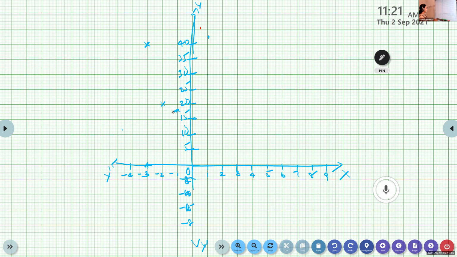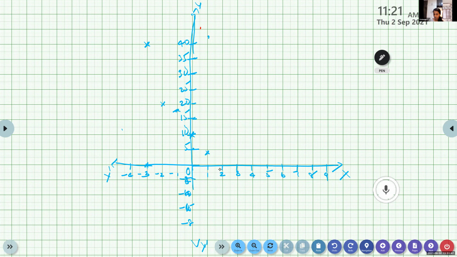Now next one, when x is 0, y is 10. Then x is 1 and y is 4. Here it is 5, so 4 means it will be less than 5. Then x is 2, y is 0.